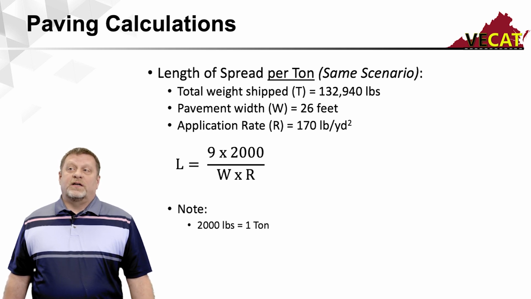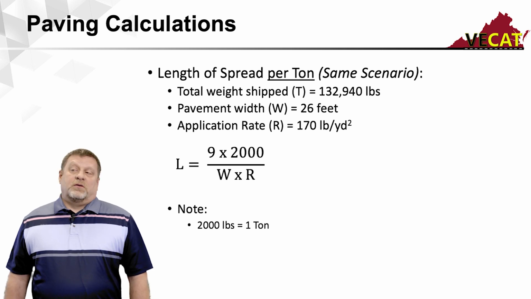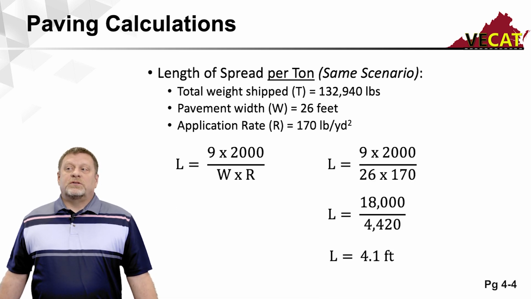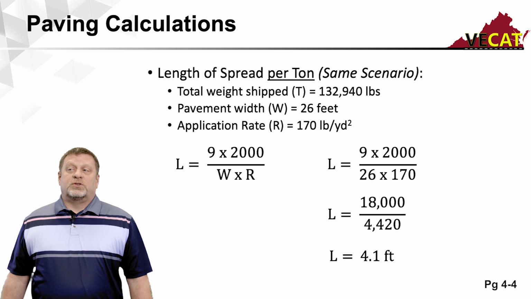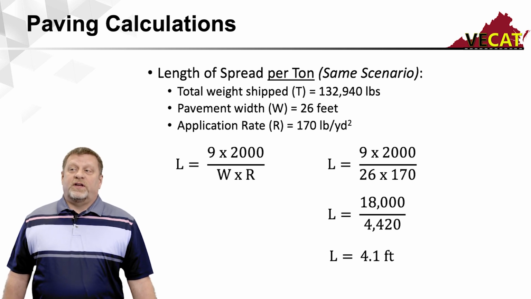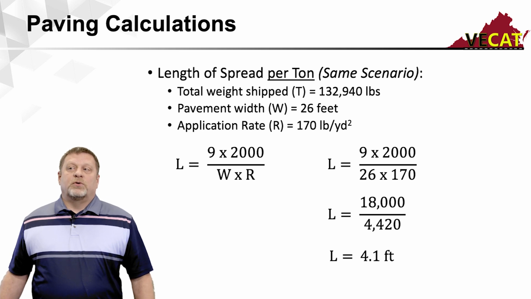Instead of having T at the top, we have the 2,000 as a constant. We insert our variables, work out our calculation, and anytime I would be placing a pavement 170 pounds per square yard at a pavement width of 26 feet, the length of that spread would only be 4.1 feet.